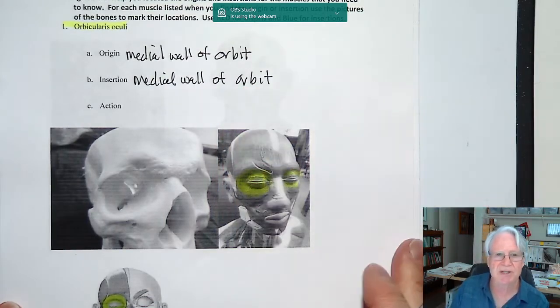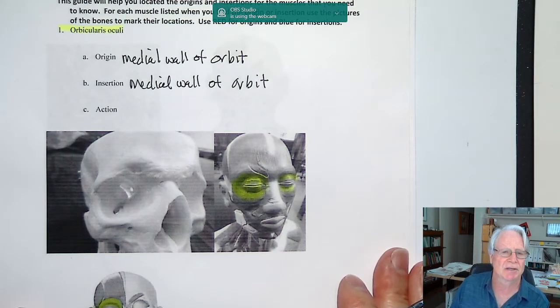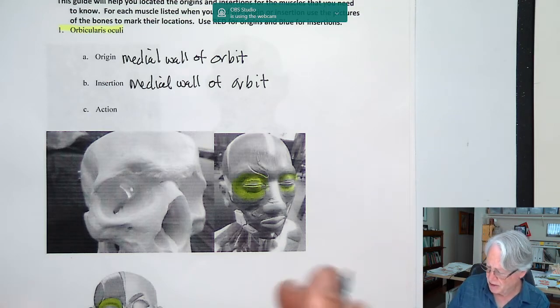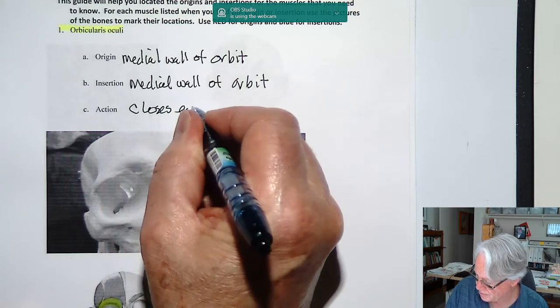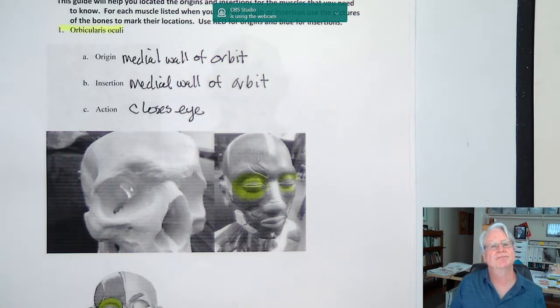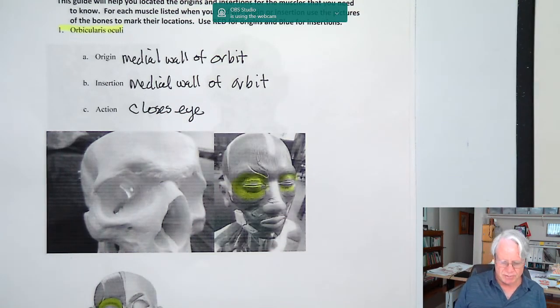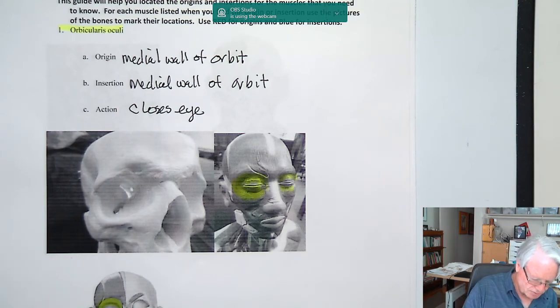We're getting the information down now. We're going to talk about it. We're just writing it down now. Action: closes the eye. So that's the information. Let me go ahead and show you some images from a couple other sources.